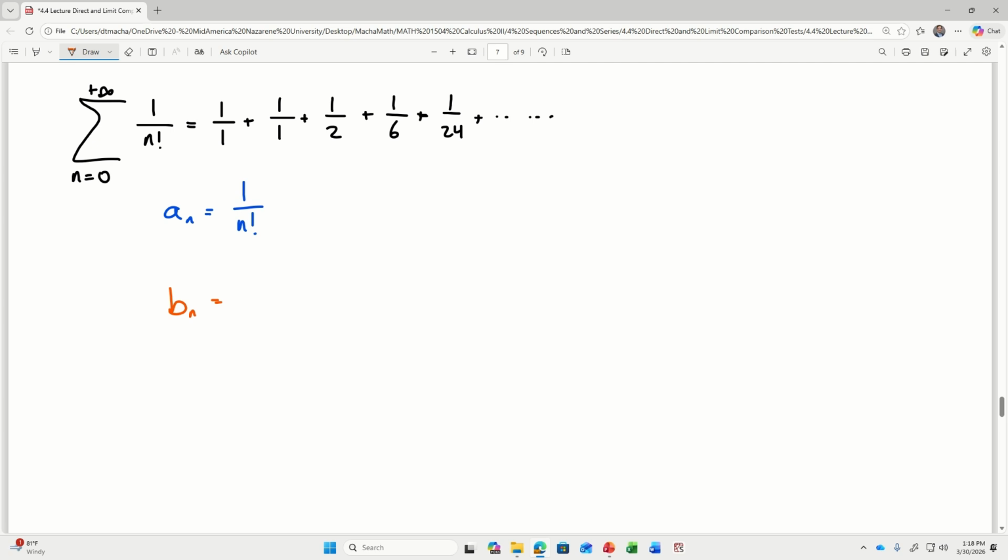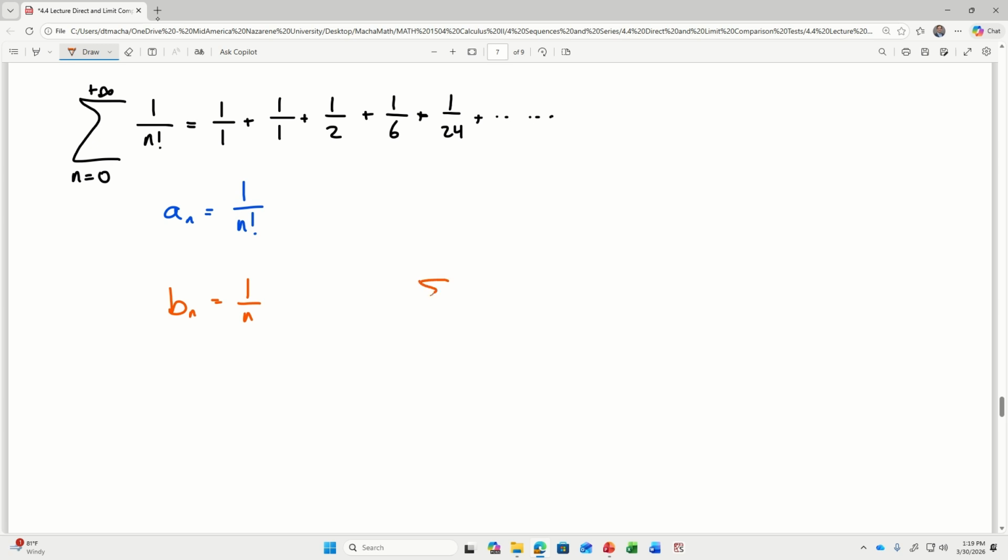What if you just did 1 over n? Is 1 over n a converging or diverging series? Converging. Oh wait, no, diverging.